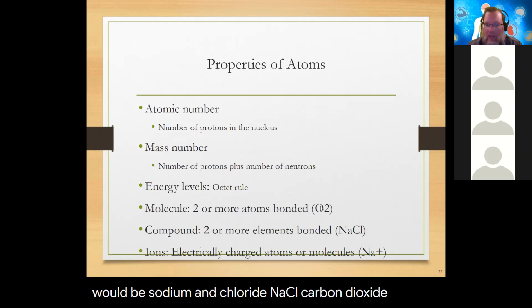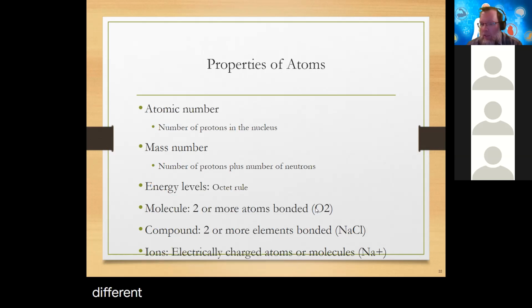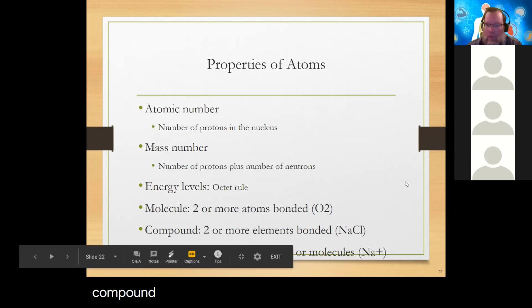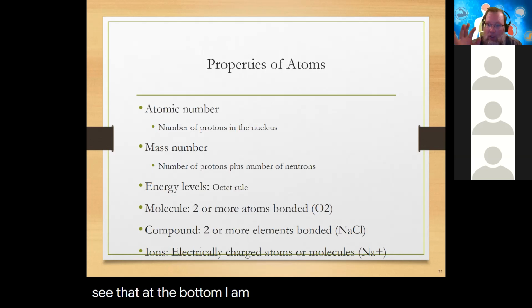So I've got a molecule of oxygen and I bring in a carbon, which is a different element. Now I have CO2. That's going to be a compound. Okay, and then we have what are called ions. Okay, you can see that at the bottom. Ions are electrically charged atoms or molecules. And electrically charged means it's going to have a positive charge or a negative charge.